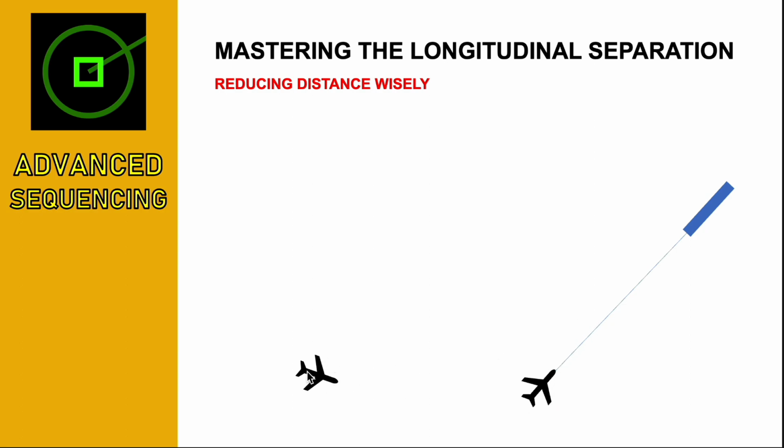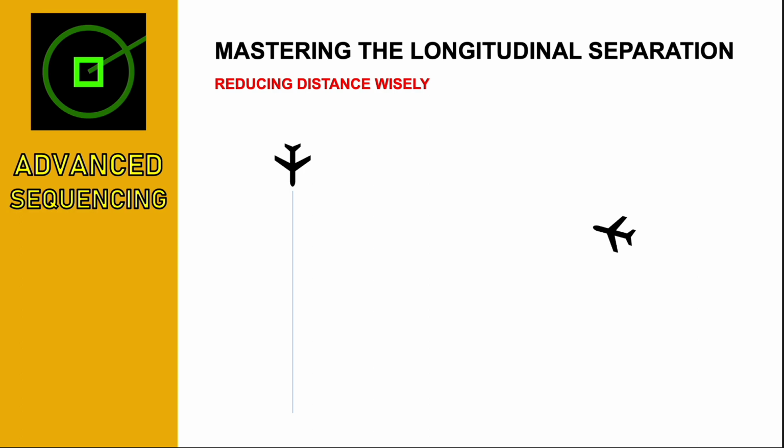So therefore, if you maintain this traffic like this, the distance will increase. So you need to reduce the distance by shortening this intersection point. You want to change the intersection point. In this case, you don't give this vector because they're going to increase distance with that. You want to give this vector because within time they're going to reduce distance, but not enough distance, so it's going to be dangerous.